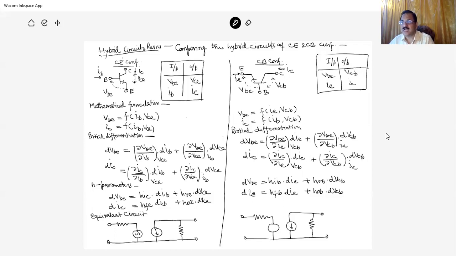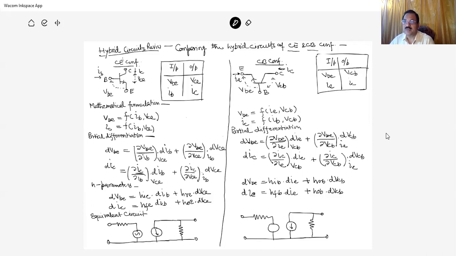So before starting the complete discussion, let us review the previous case that we have already discussed, the common emitter and common base configuration and the analysis.